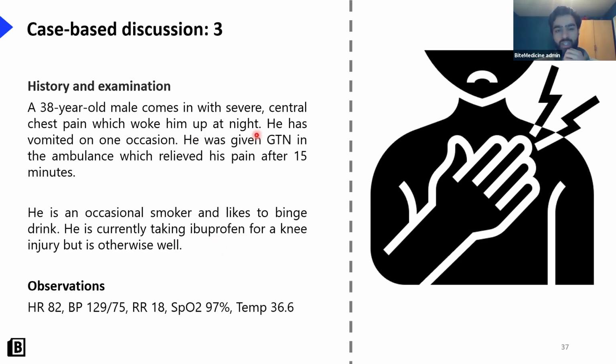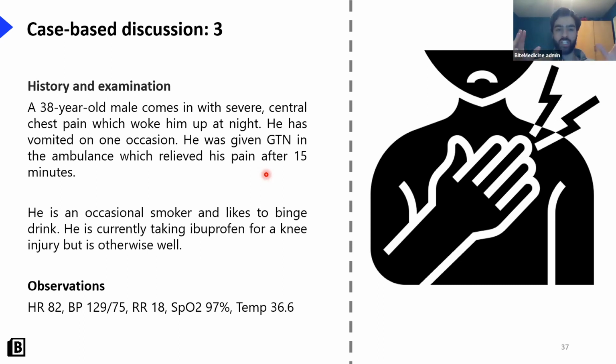And importantly, what's this business about the GTN relieving pain after 15 minutes? Why is that significant? Because isn't that classical of angina? Because I can understand why some of you said angina. So in heart problems, GTN works in less than 5 minutes.